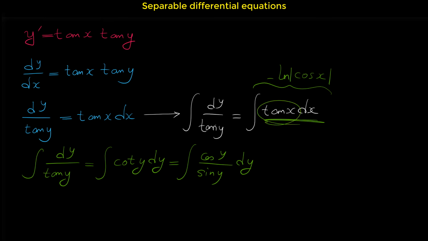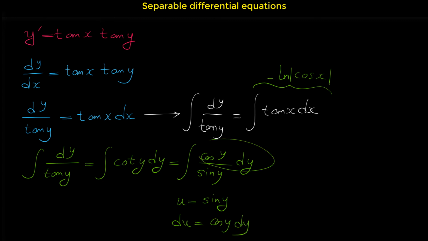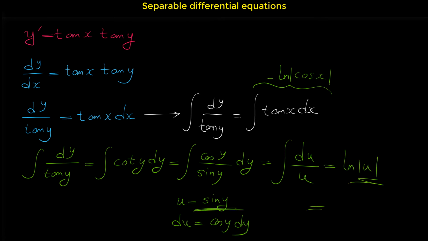Similar to the integral of tangent of x, if we do a simple u substitution, if we choose u to be sine of y, du is cosine of y dy, which is the numerator. So this integral equals du over u. And the integral of du over u is ln of u. And because u is sine of y, this equals ln of sine of y. So the integral of the other side of this equation is ln of sine of y, or ln of absolute value of sine of y.